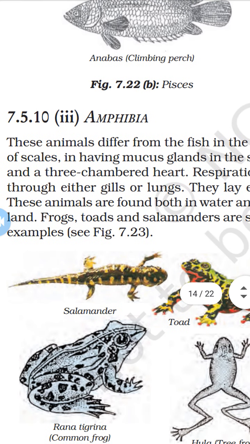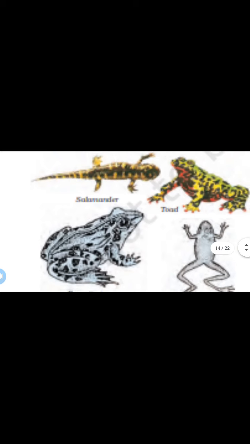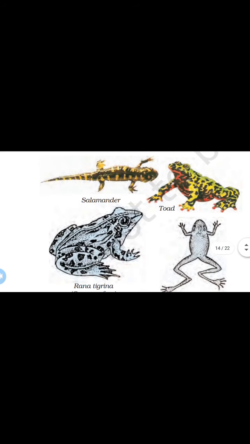Now next we take Amphibia. These animals differ from fish in lacking scales and in having mucous glands in the skin.